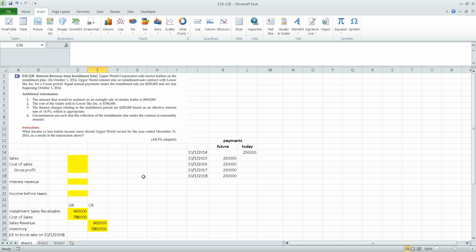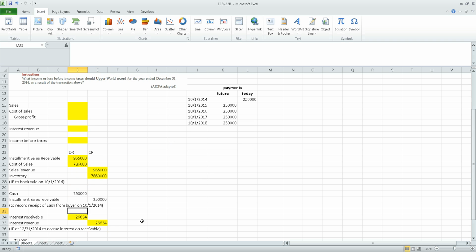So what we do is we impute interest, come up with the effective interest rate, which causes the present value of the future payments to equal the fair market value of what was sold, recognize sales revenue based upon the present value, book the receivable based upon the present value of those future payments, and then at the end of each accounting period, accrue interest, recognizing interest that's associated with the obligation.